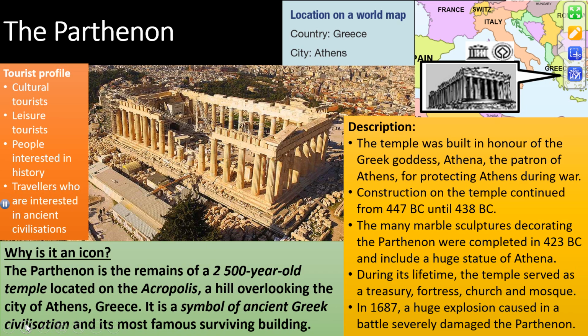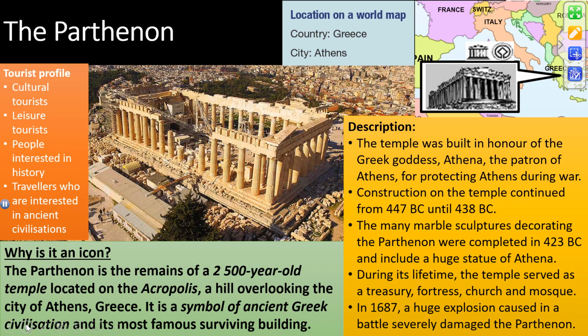Something I want to focus your attention on is right in the foreground of your image. You will see there are people walking there, and that just gives you an indication of the size of the Parthenon, if the people are that size. Now, the Parthenon is the remains of a 2,500-year-old temple, and it is located on the Acropolis.